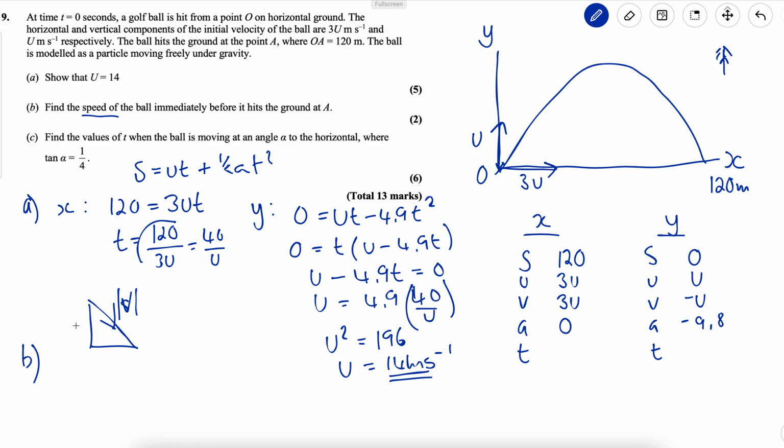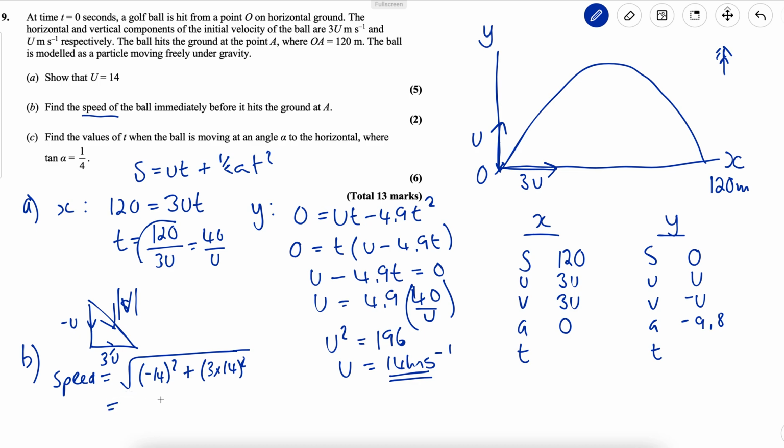The vertical component is minus u, and the horizontal component is 3u. We know that u is 14, so I calculate the square root of minus 14 squared plus 3 times 14 squared.